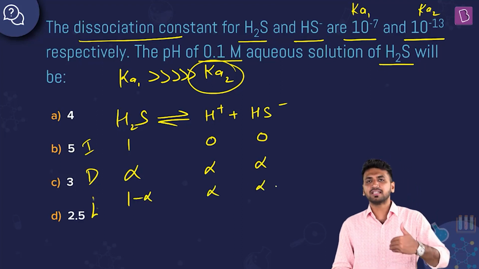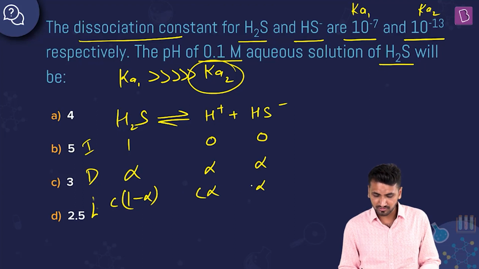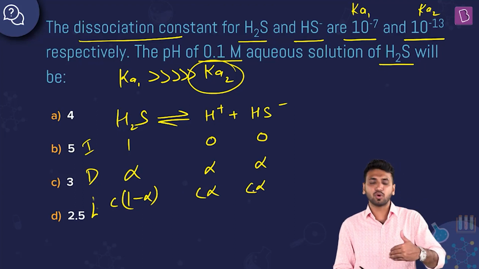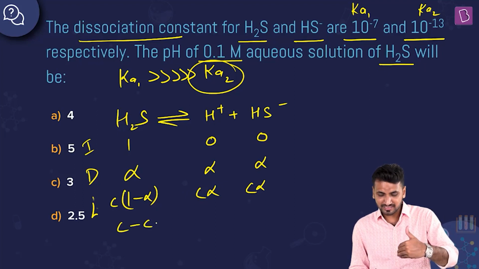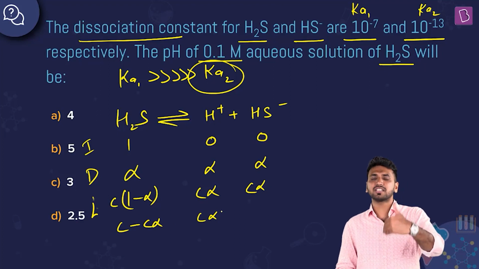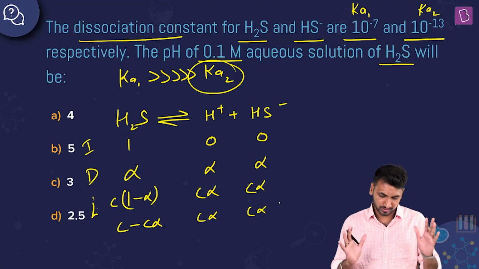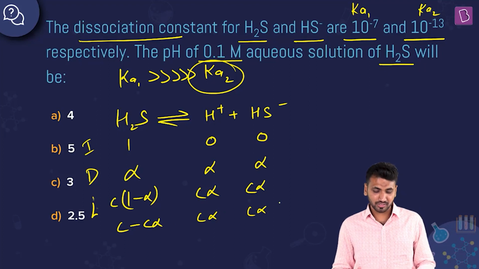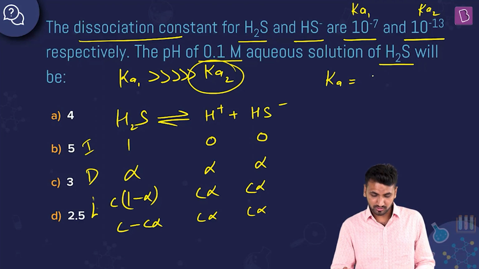And now let's generalize this for concentration C. If it was C concentration, multiply this whole with C. So if it initially was C concentration of H2S, then C alpha got dissociated and C alpha concentration of H plus and C alpha concentration of HS minus was formed. Perfect. If you need to write the Ka value for this, it is going to be what?